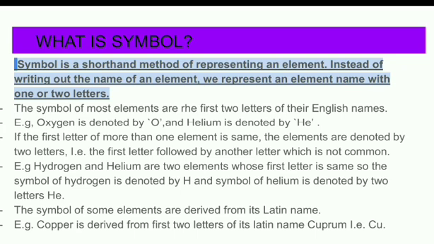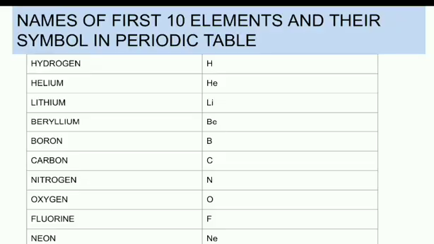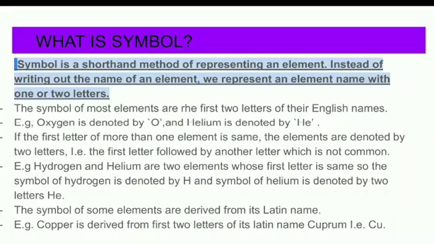The third is the symbol of some elements are derived from its Latin name. Now, the symbol of some elements are derived from its Latin name instead of the first letter of the element. Example, copper is derived from first two letters of its Latin name, not the English name.